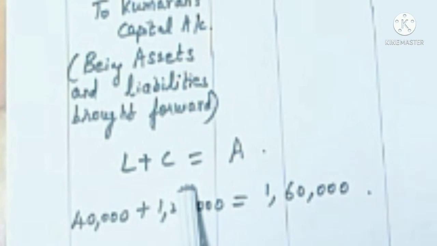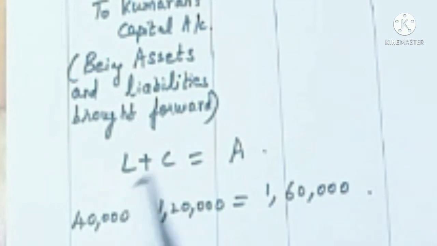This concept recognizes the fact that for every debit there is an equal and corresponding credit. This is based on the entire system of double entry bookkeeping. This concept gives rise to the basic accounting equation, that is, liabilities plus capital is equal to assets.